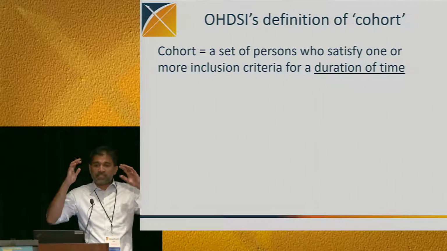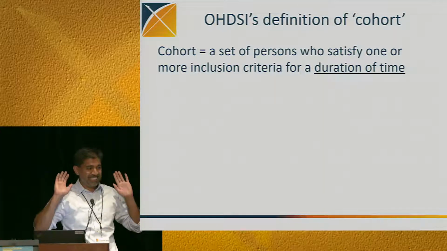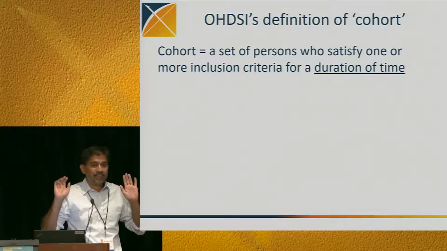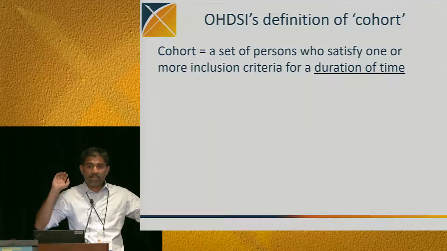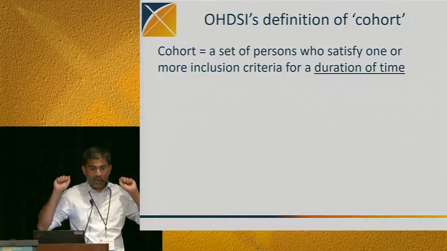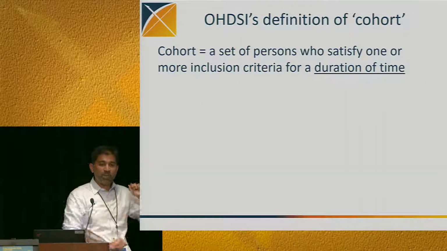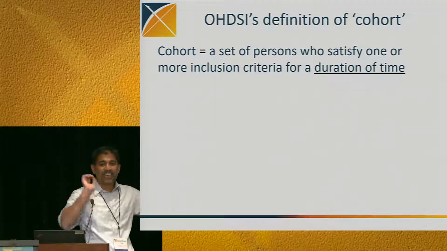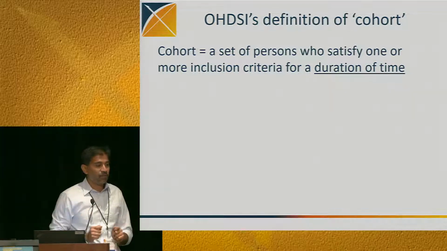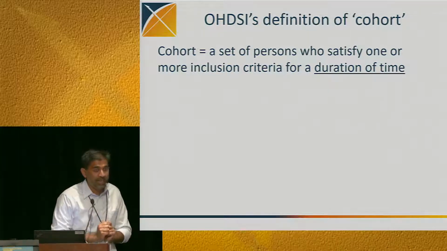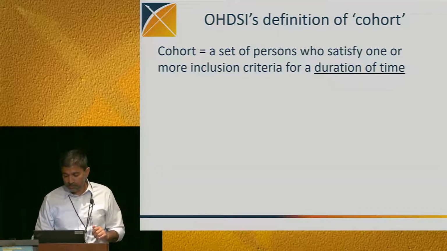But for a certain period of time, that phenotype was stable. It has a start date and an end date. A cohort is a subject with a phenotype, with a start date and an end date. That is the formal definition of a cohort in the OHDSI ecosystem.